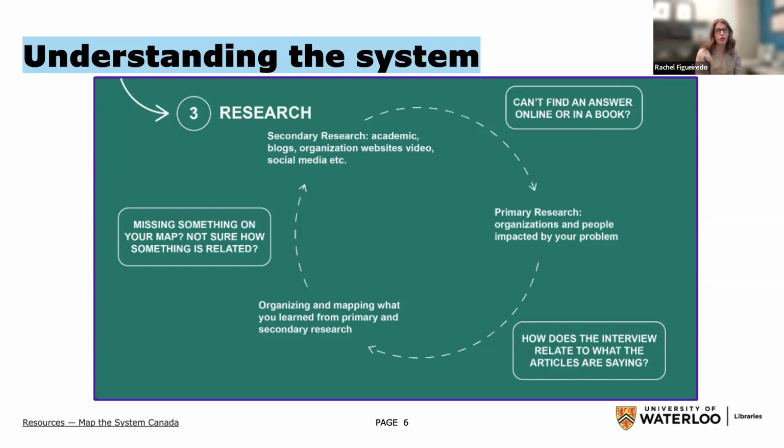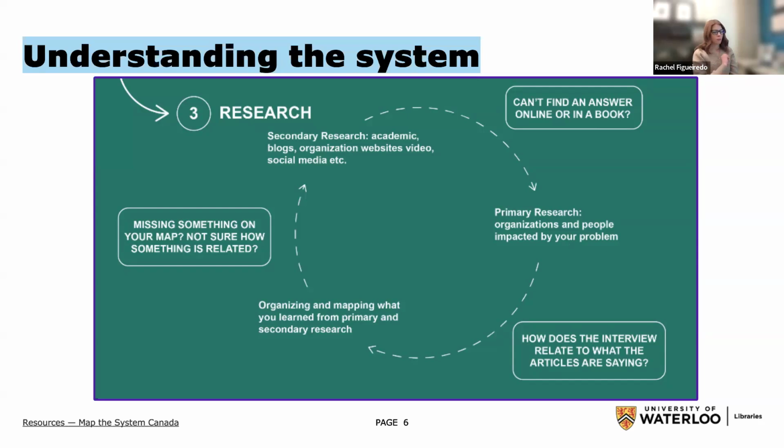Usually our student entrepreneurs will jump to primary research when they're doing their problem solving, because they think, okay, I have to go understand this problem, so I have to go talk to people who are affected by the problem. That makes a lot of sense. But again, you can see how talking to people, doing these one-on-one interviews, or even if you conduct a survey or do focus groups, could be really time intensive.